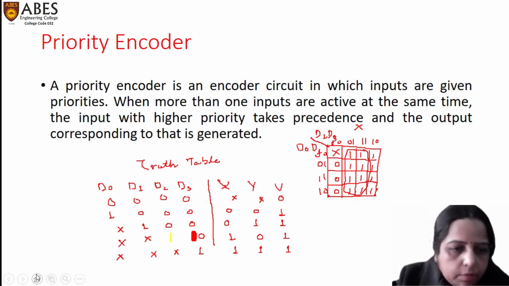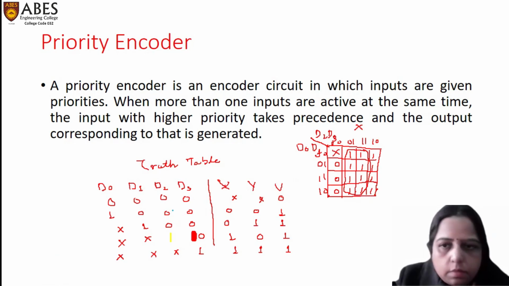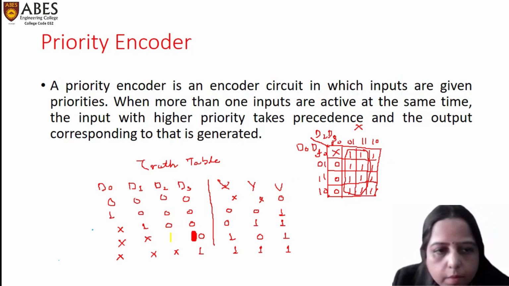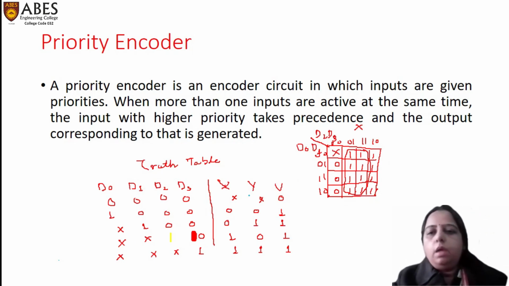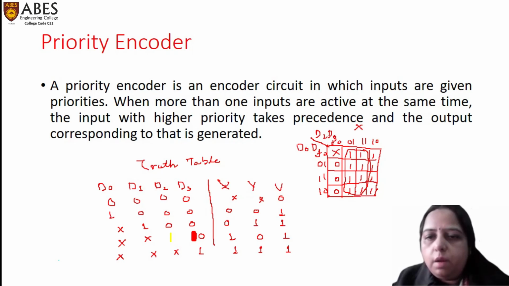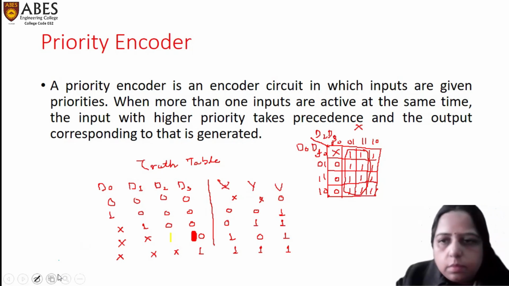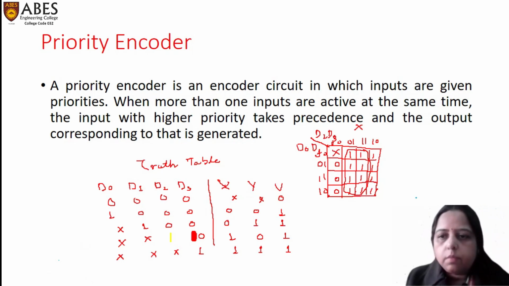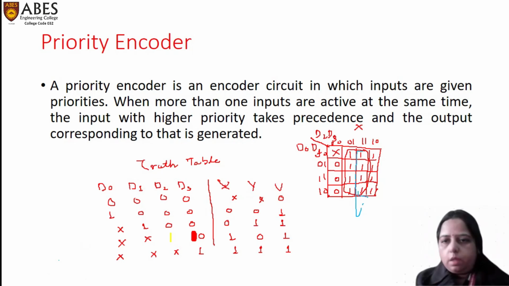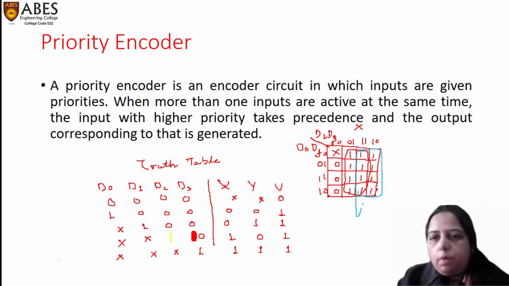The first group will give us the output D3, and the second group will give us D2. So X will be equal to D2 plus D3.